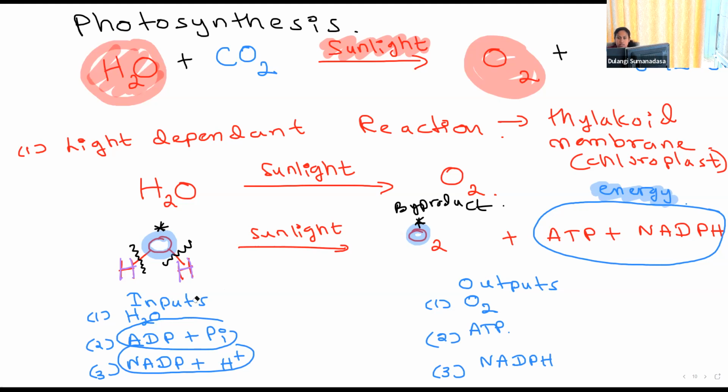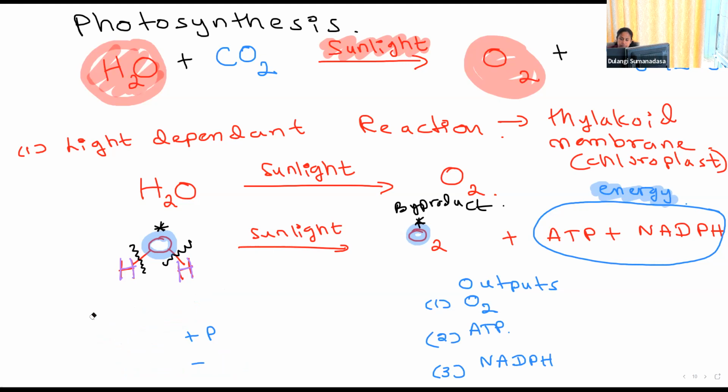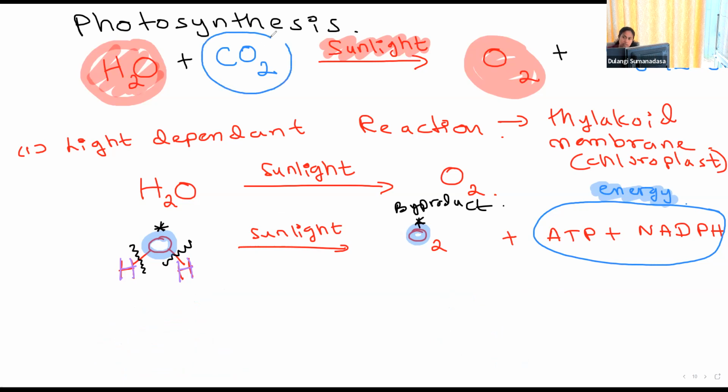Okay, so the next one is the light independent reaction. For the light independent reaction, you're going to use carbon dioxide, the remaining one, and build up into glucose, right? So you're using carbon dioxide building up into glucose in the light independent reaction.